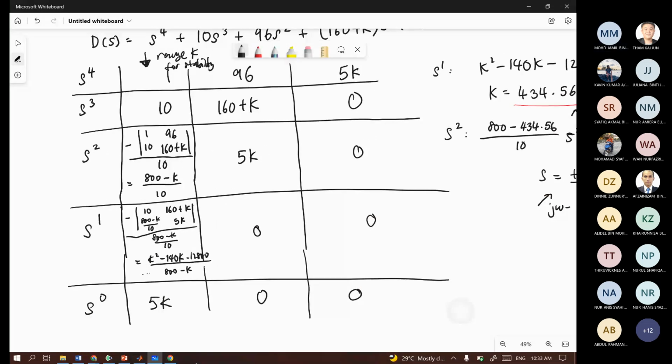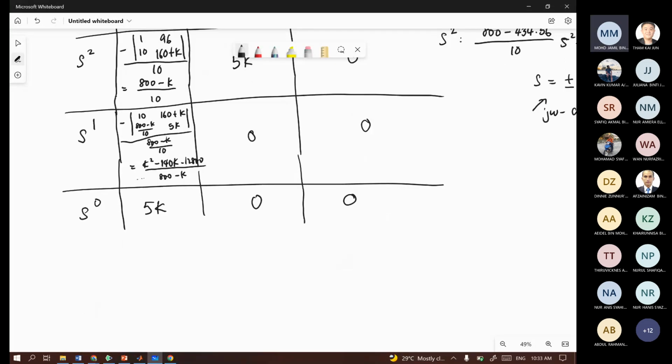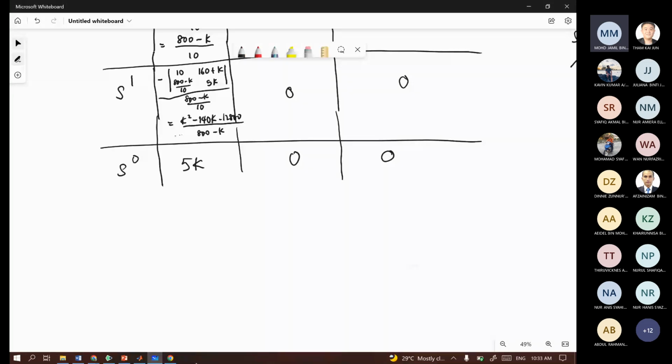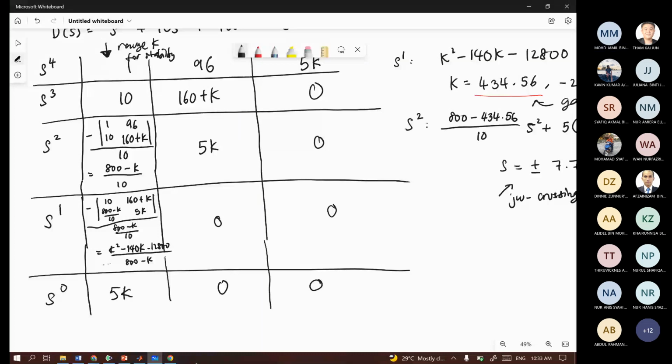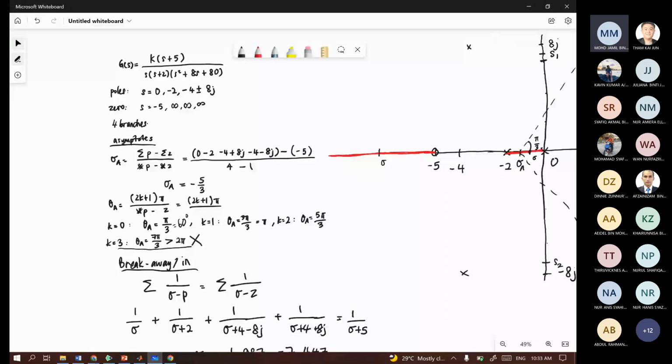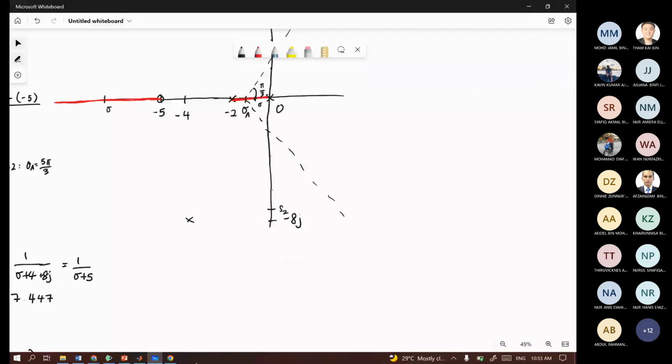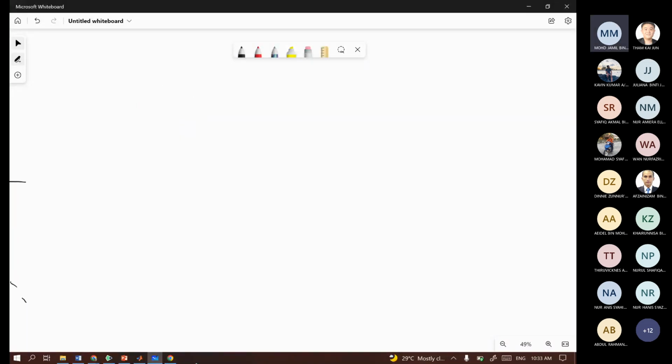Now we need to determine the angle of departure, because we have a complex pole here. Perhaps I determine it here. First, you can sketch the location of all of the poles and zero.